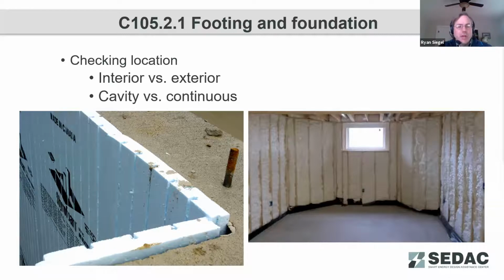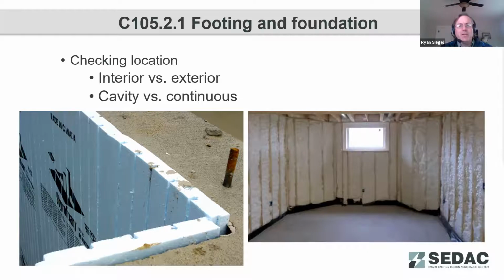And also looking at, are we specifying cavity insulation versus continuous insulation? Cavity insulation is bridged through structural members. Continuous insulation is not, and that continuous insulation would only have thermal bridging due to fasteners and service openings.